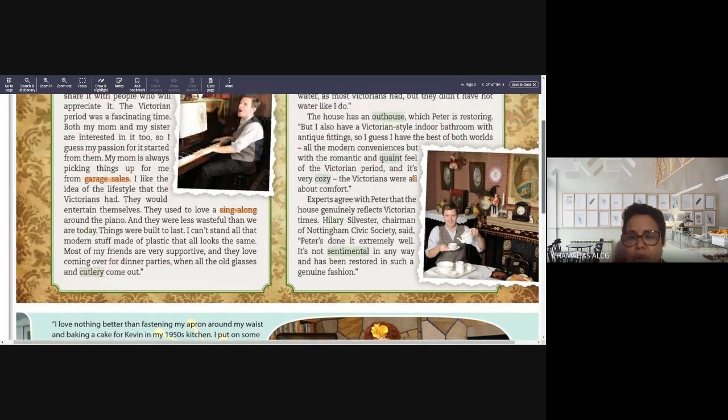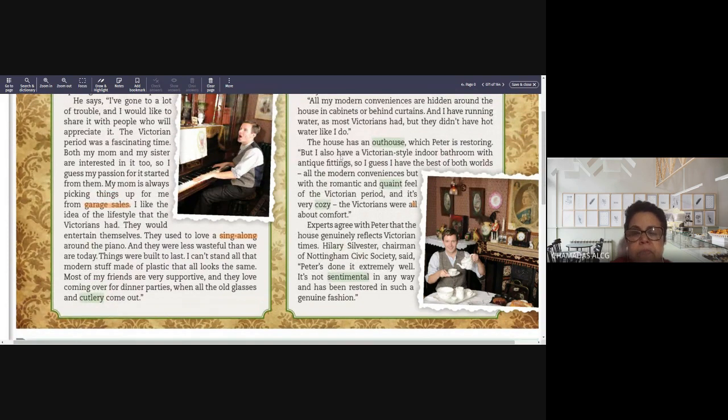So here he says, even his Victorian house has an outhouse, which Peter is restoring. But I also have a Victorian style indoor bathroom. So he has an indoor bathroom decorated in the Victorian style, with antique fittings.